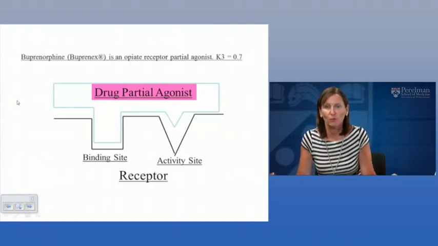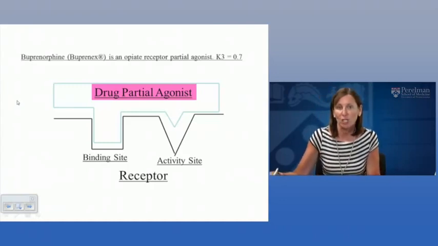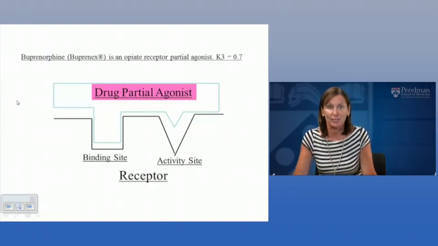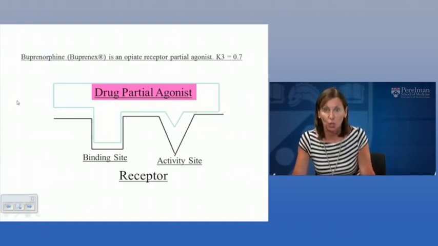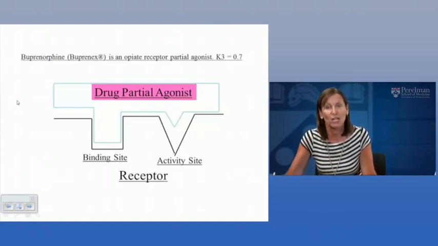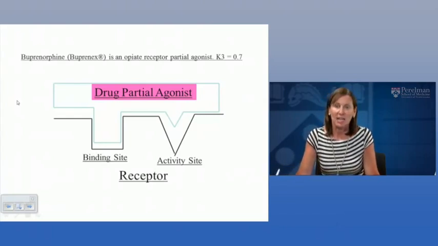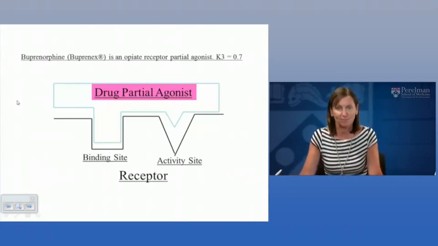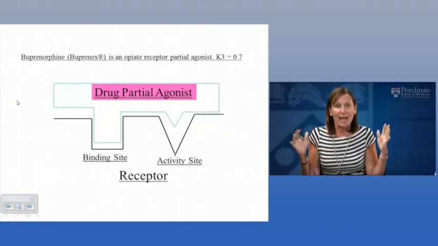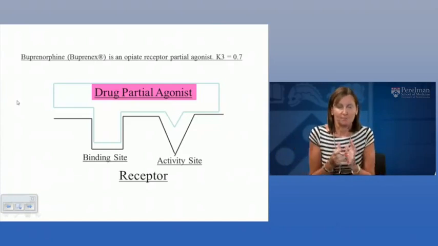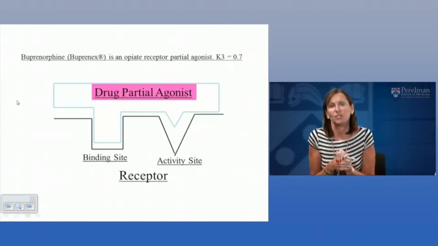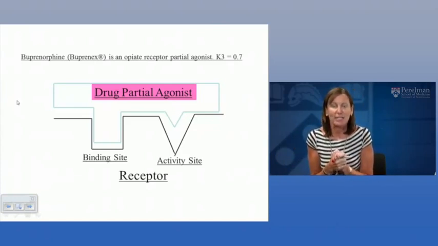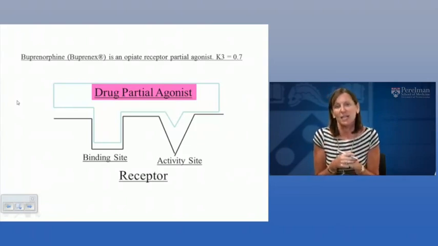And if you will recall before, we said that partial agonist, our example here is buprenorphine, and it is an opiate receptor partial agonist. Its K3 is between 0 and 1, and here being depicted as having a value of 0.7.